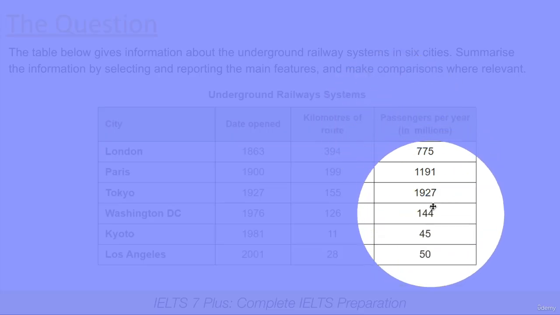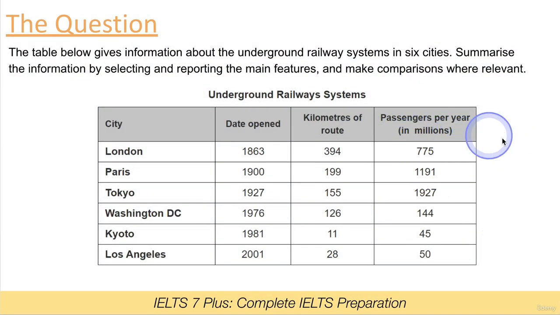And then passengers per year in the millions. Right, so initial thoughts then. Wow, Tokyo is definitely the most used, followed by Paris. However, London is the biggest. So interesting. Kyoto's the smallest, 11 kilometers.